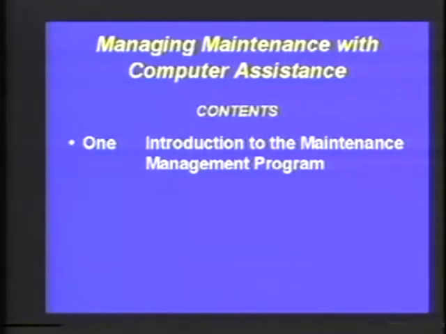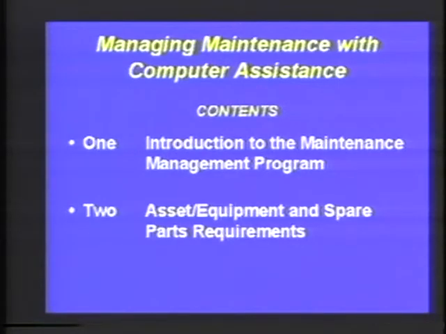Section 1 pertains to the introduction of the maintenance management program. There are many various introductions to a maintenance management program. We have used this particular introduction for over 34 years and have found that it is very easy for people to understand the various functions within a maintenance management program, and it also addresses the various functions and their interrelationships.